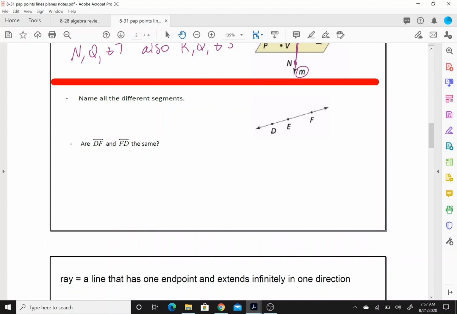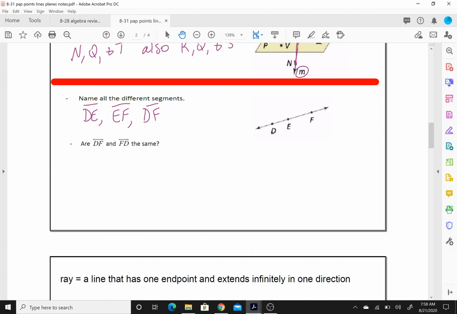We have DE. Okay, and make sure you put the segment symbol there, DE. And then EF. So you have those 2 little pieces, right? What about the whole segment from end to end? DF, right? And then, are there any other ones?